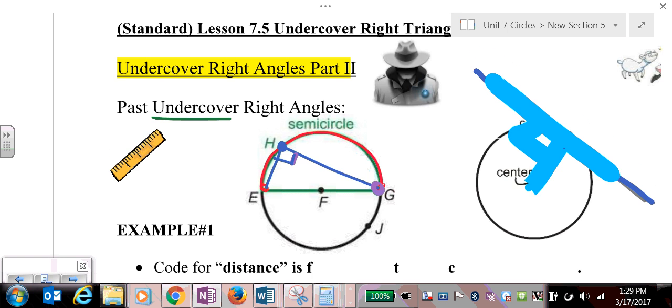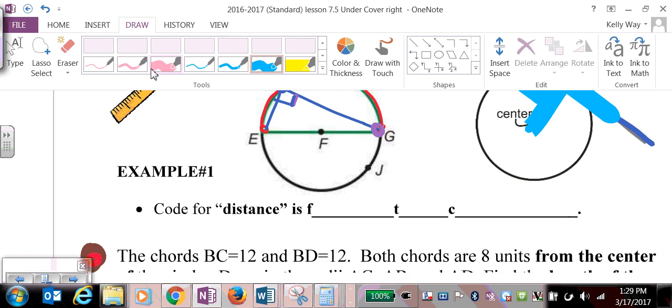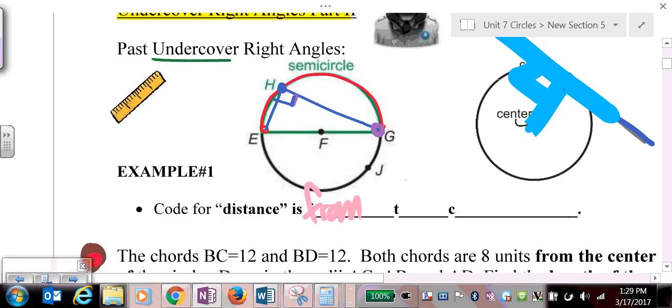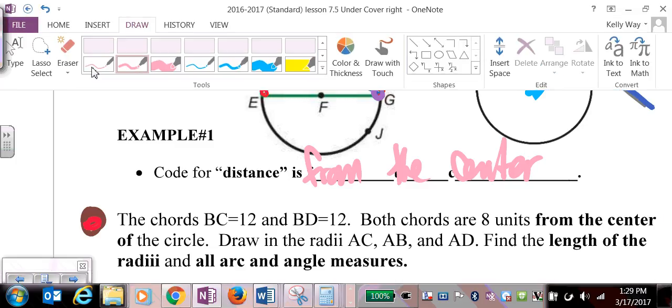Remember the word distance. The code phrase for distance is from the center. The code phrase for from the center is distance.